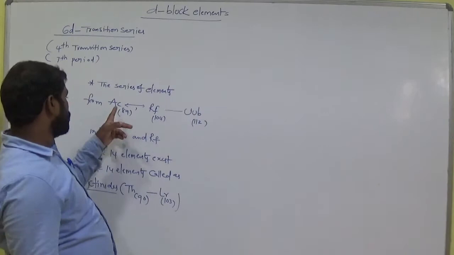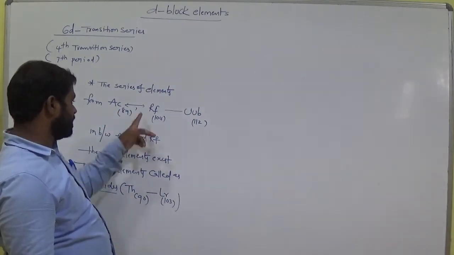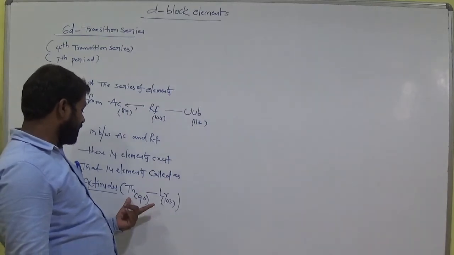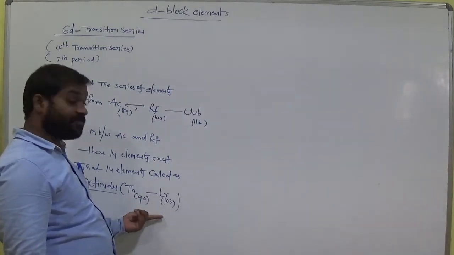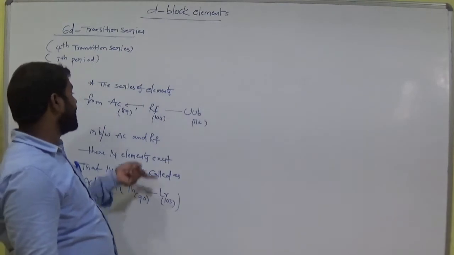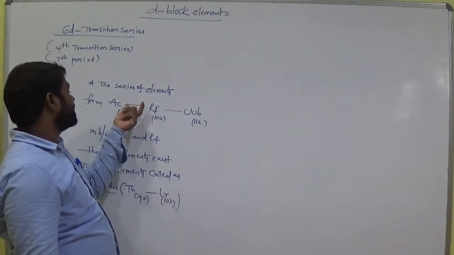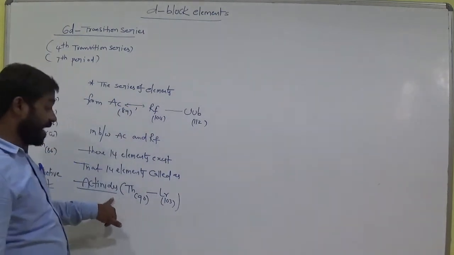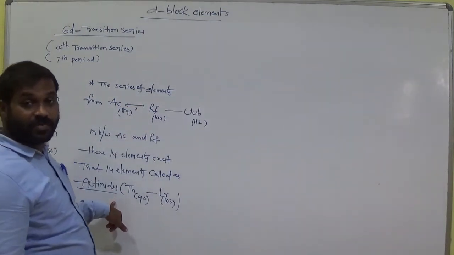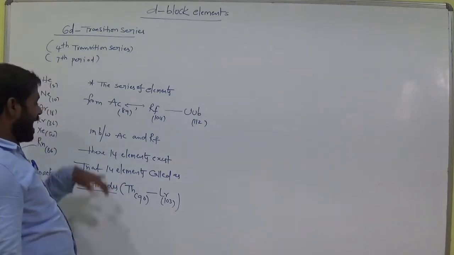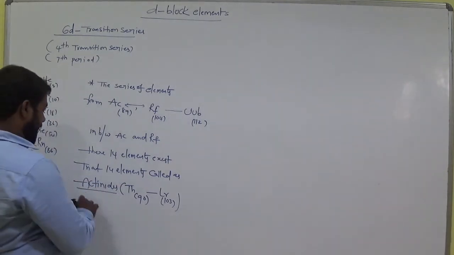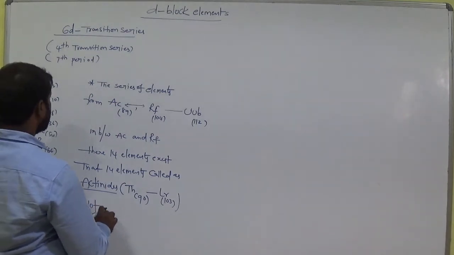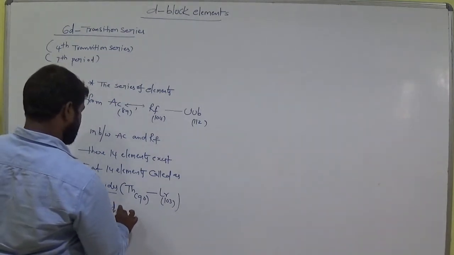After actinium comes thorium, and 103 is lawrencium. From thorium to lawrencium there are 14 elements. Remember this: the number of actinide elements is 14.